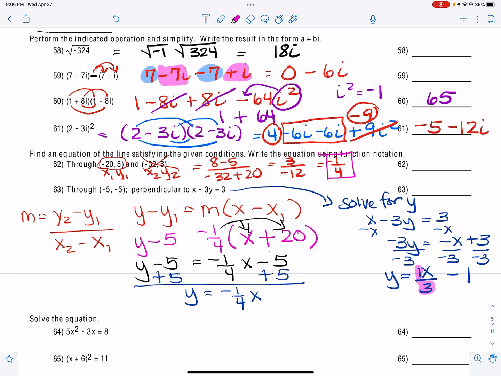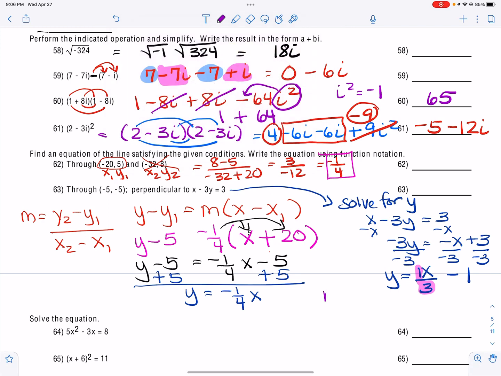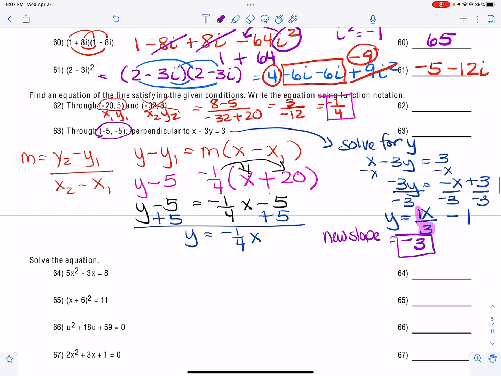And since it's a perpendicular line, I want the slope to be a negative reciprocal. So the new slope is going to be negative 3, because the reciprocal of 1/3 is 3, and the opposite of positive is negative. So now I'm going to use this slope and this point, and I'm going to use the same formula.